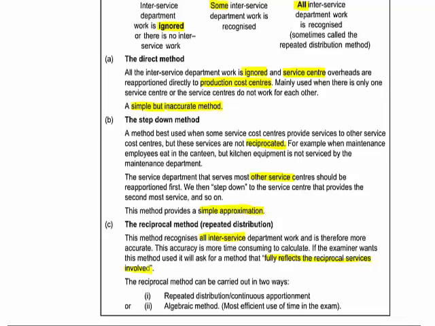So if he doesn't state that, then you can use the step-down method. And there are 2 ways of carrying out the reciprocal method: repeated distribution or continuous apportionment, or the algebraic method, which is probably a more efficient use of your time in the exam if you're confident with the use of algebra.